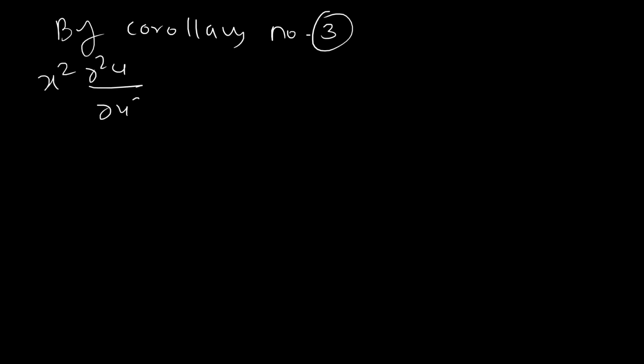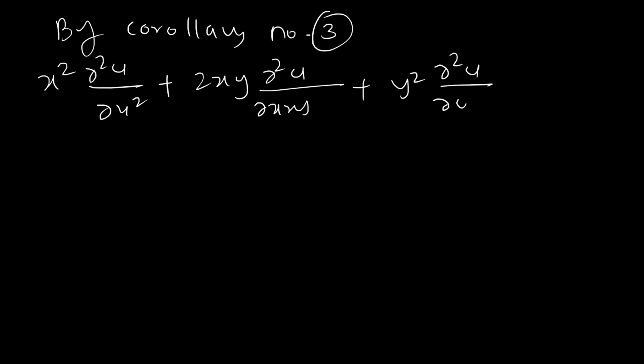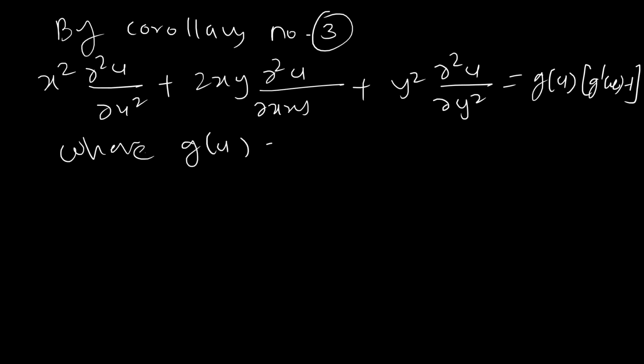So to prove the required statement, we can use corollary number 3. By using corollary number 3, we have x square ∂²u/∂x² plus 2xy ∂²u/∂x∂y plus y square ∂²u/∂y² equals g of u into (g dash of u minus 1), where this g of u is n into f of u upon f dash of u.